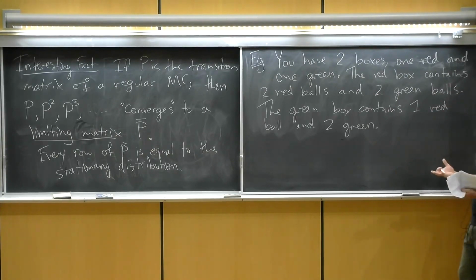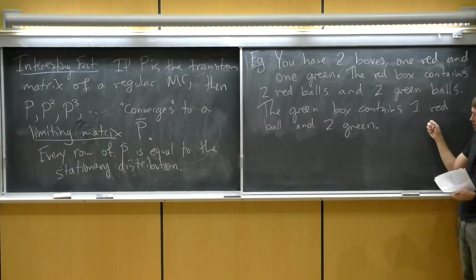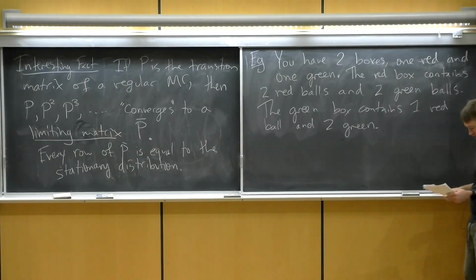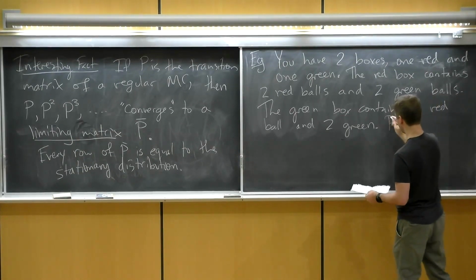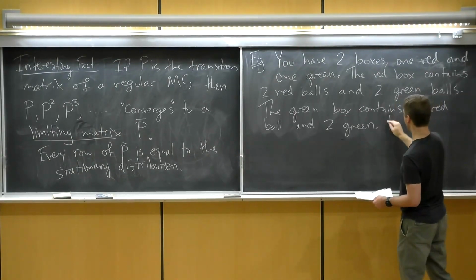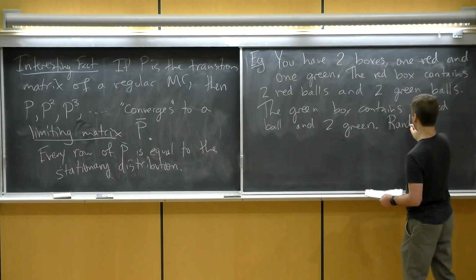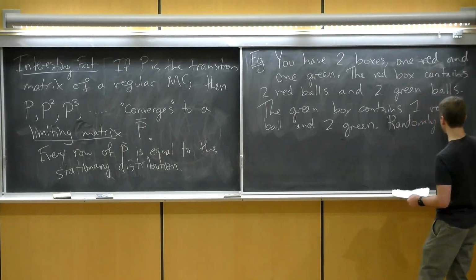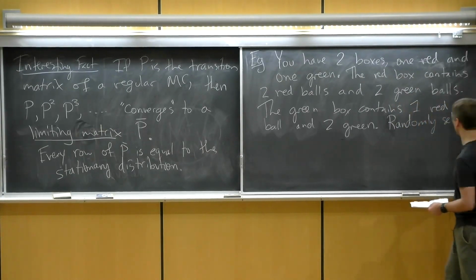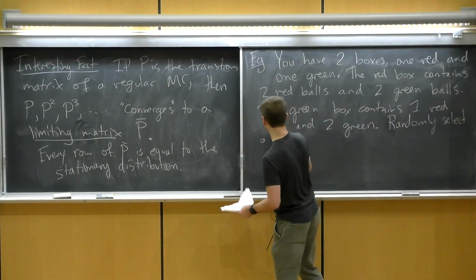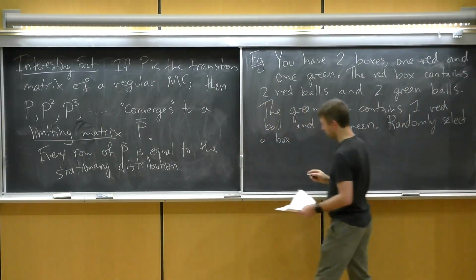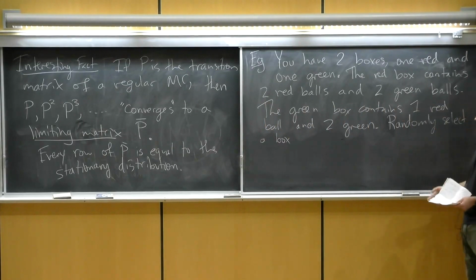So two boxes. One is red, one is green. The red box has two red balls, two green balls. The green box has one red ball and two green. So we randomly select a box, and we remove a ball.